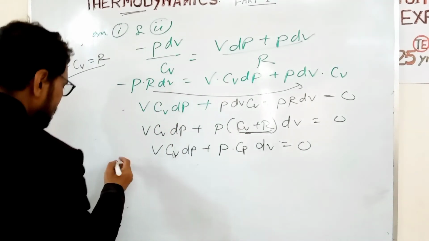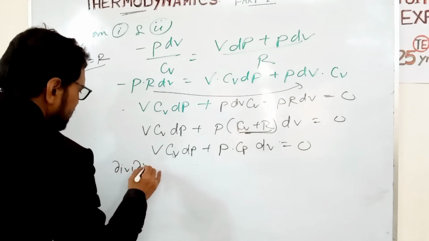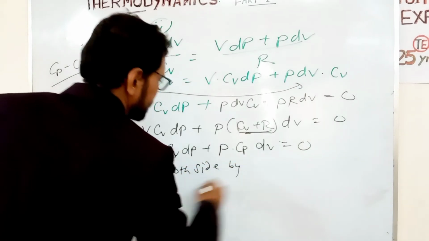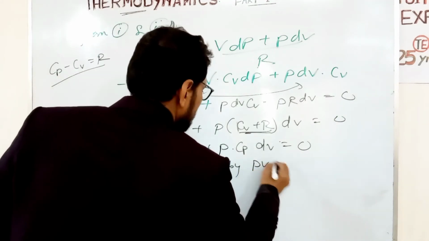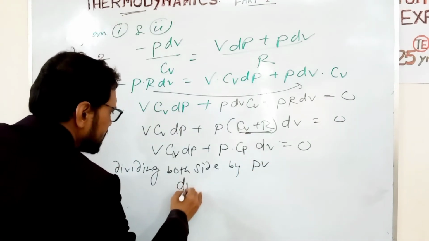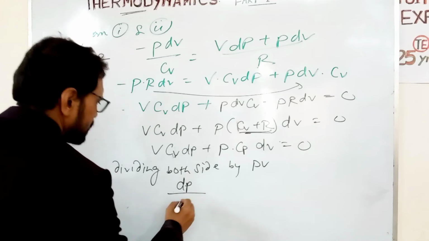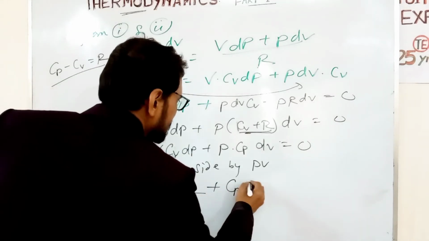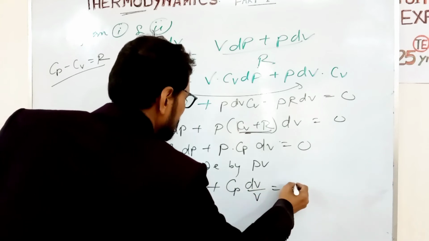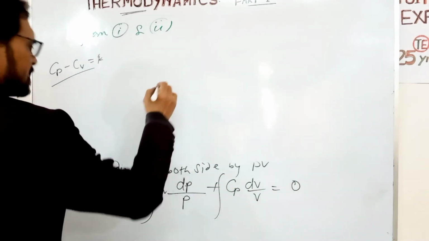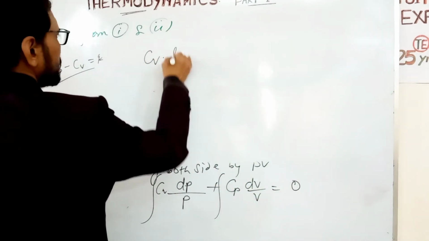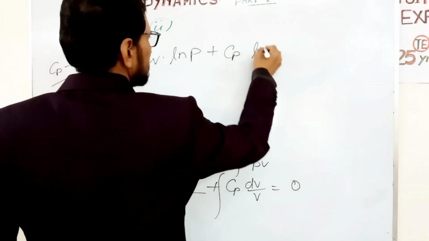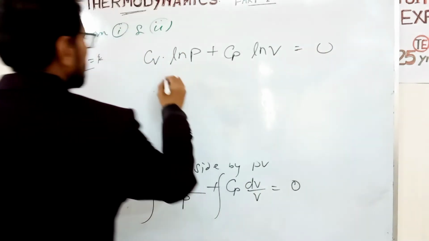Dividing both sides by P V, we get Cv dP by P plus Cp dV by V equal to 0. That is, Cv ln P plus Cp ln V equal to 0.